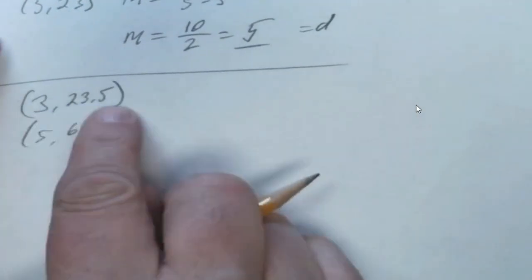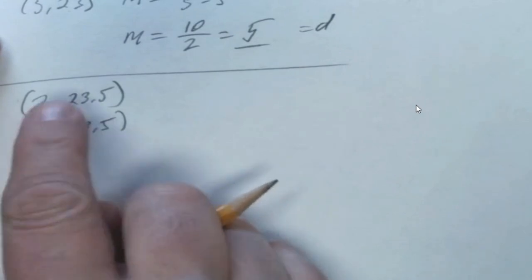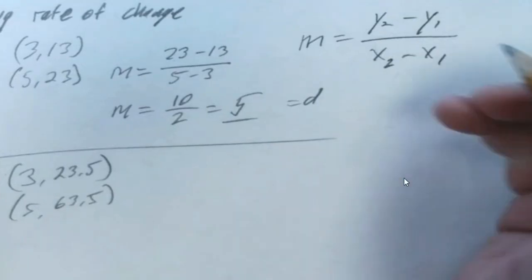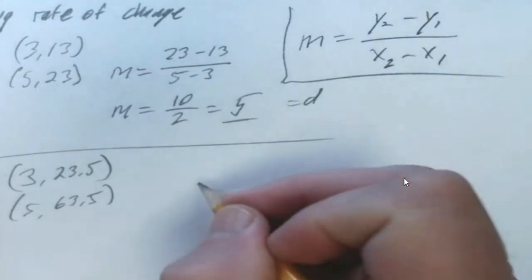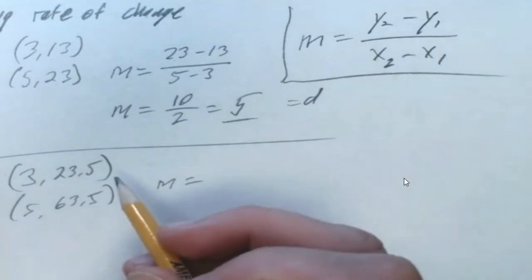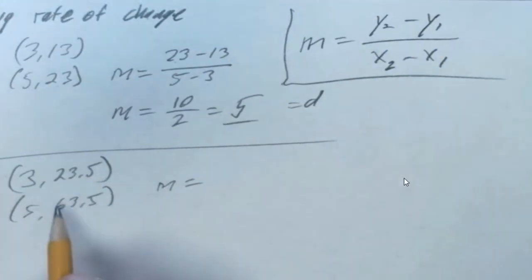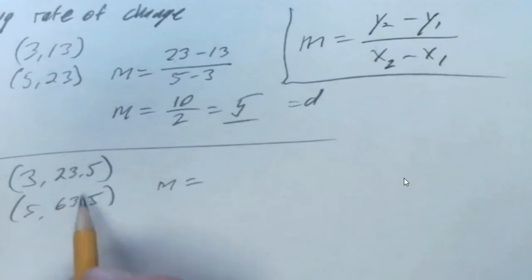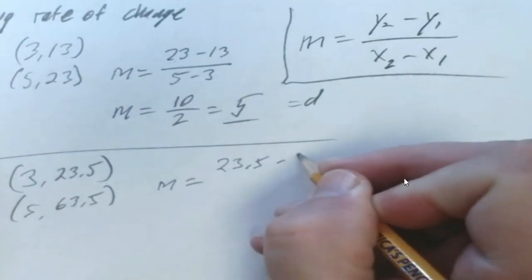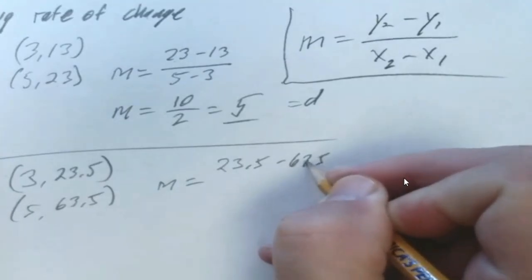The average rate of change, that's the 2 points. (3, 23.5), (5, 63.5). We can use this formula. Slope equals y2, subtract the 2 y's. And I can go in either direction as long as I'm consistent. Let's do it this way first. Let's say I'm going to take 23.5 minus 63.5.